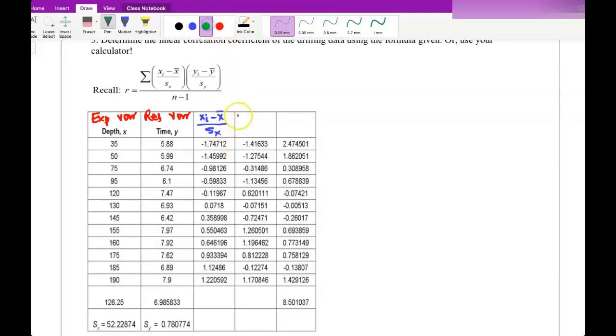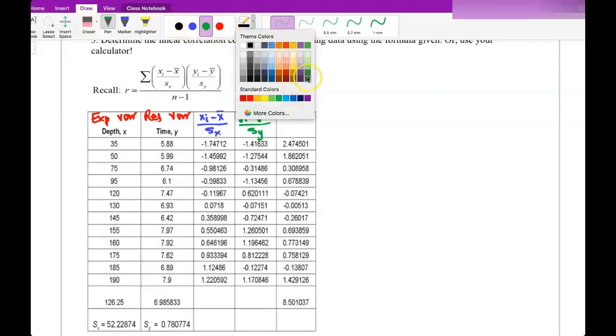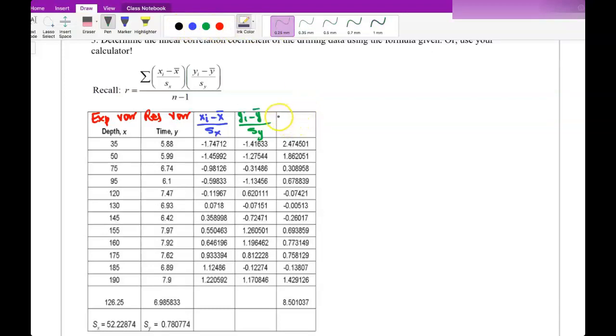And here is y i minus y bar, divided by s, the sample standard deviation for the response variable. And what this one is, is what we have on top. So this is the multiplication of these two, multiplying these two.